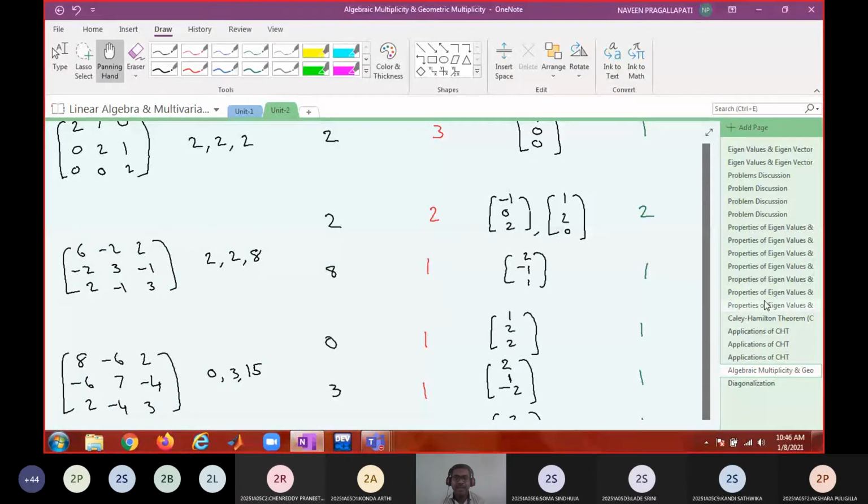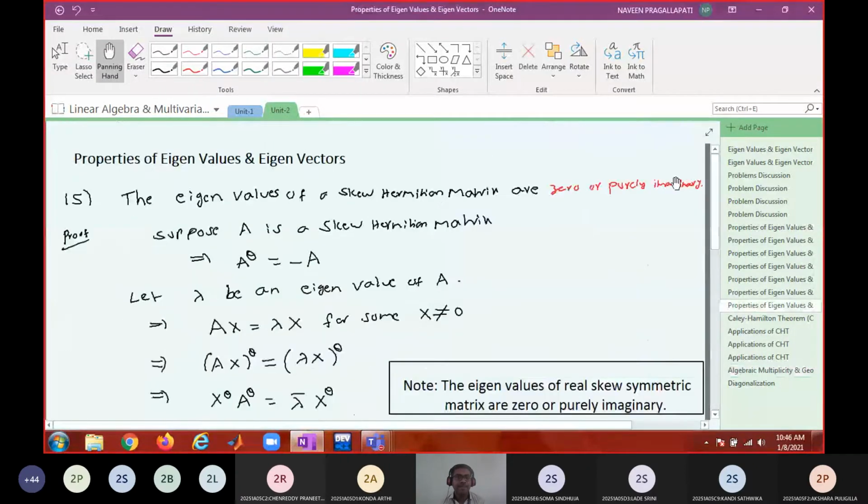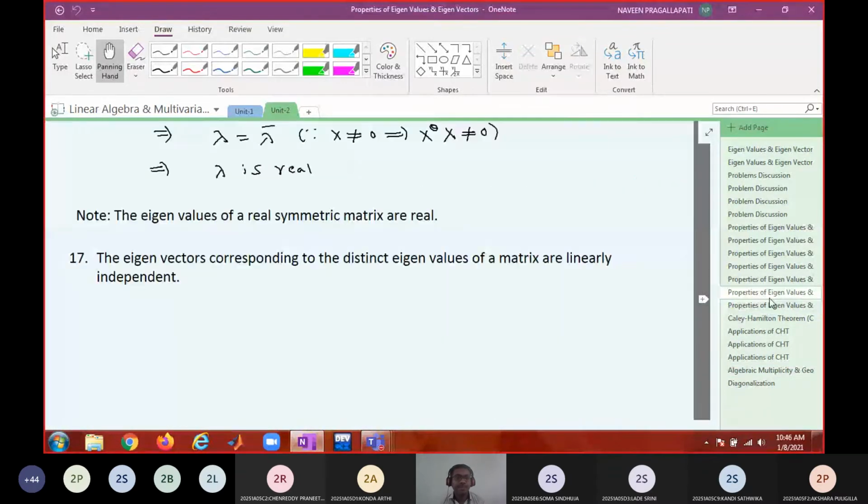What was the last property I gave? The eigenvectors corresponding to distinct eigenvalues of a matrix are linearly independent. Did I give this statement or not? And you said you will try the proof of this statement. Did you note this statement?